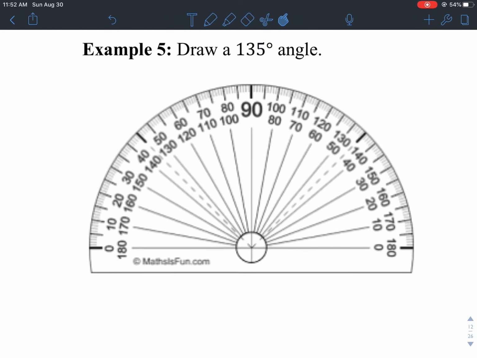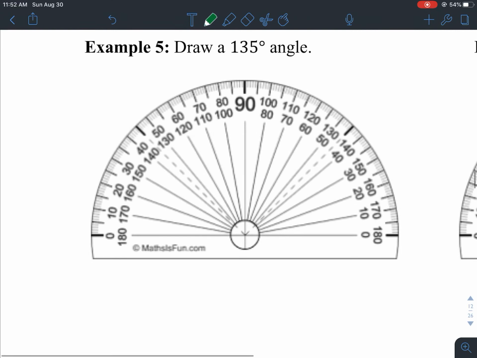Again, if you want to draw an angle, you use the same thought process you did when you measure an angle. So I'm going to use the top set of numbers to measure this angle, 135. If you were to measure a 135 degree angle, you would line up one of the rays with 0.